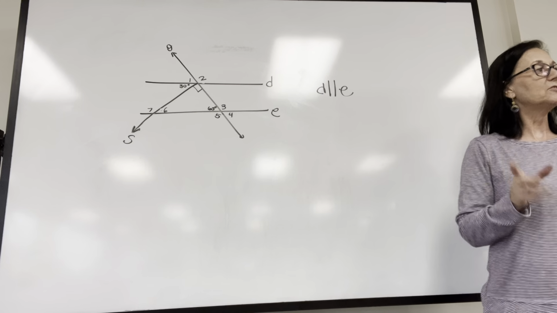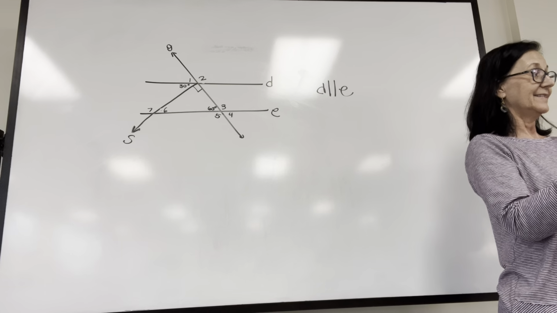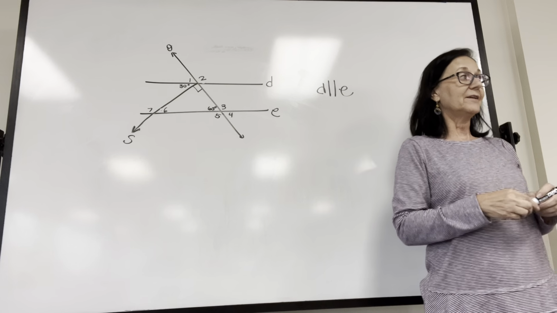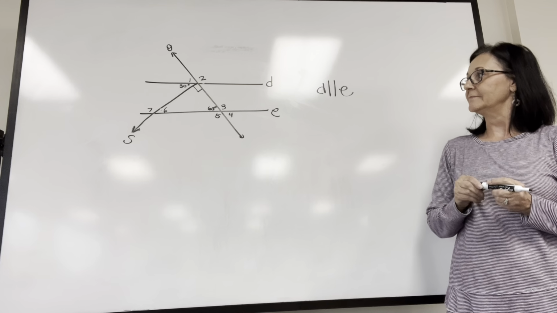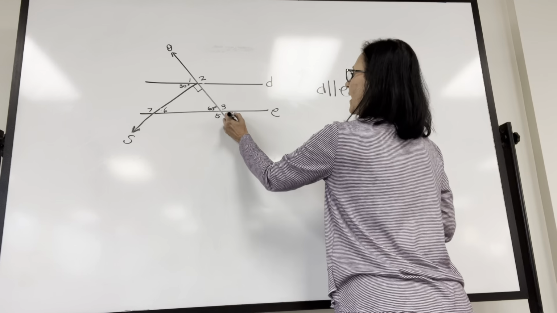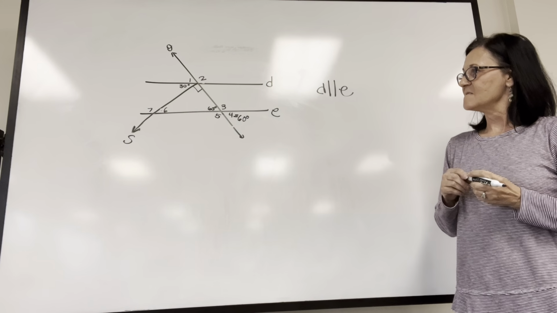Well, we don't know the measures of angles until we know that the lines are parallel, right? Well, I can get some of them. Okay, give me some of them. Angle 4 equals 60 degrees. Okay, you know that because the angles are vertical angles. Angle 6 equals 30 degrees.